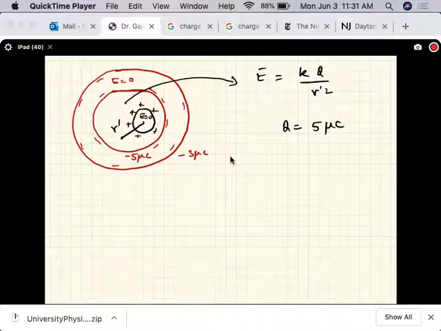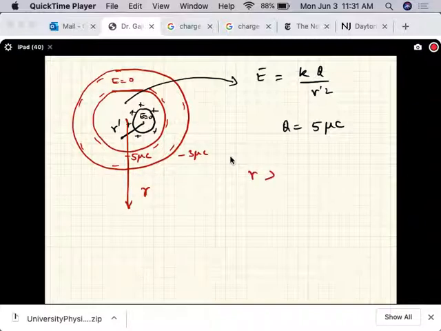For the outside region, we'll measure r from the center of the shell.